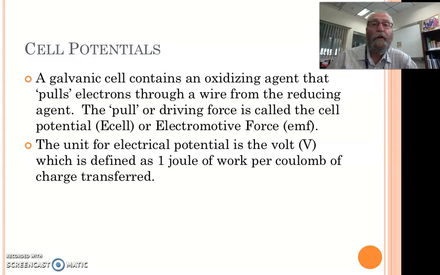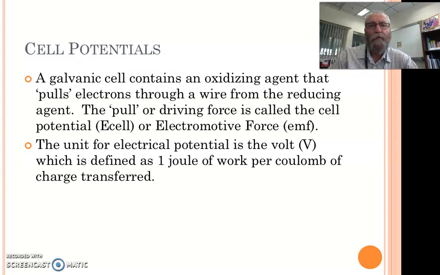Cell potentials are the electromotive force. How much pushing power does it have, or voltage? I think one of the best analogies that I use in class to describe the difference between voltage and amperage is to think about a waterfall.